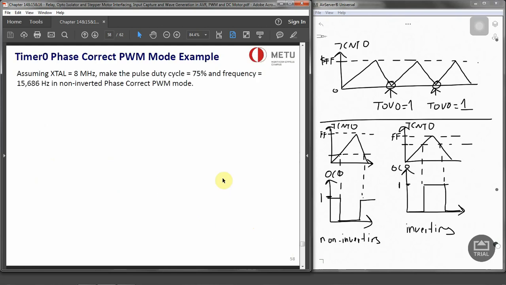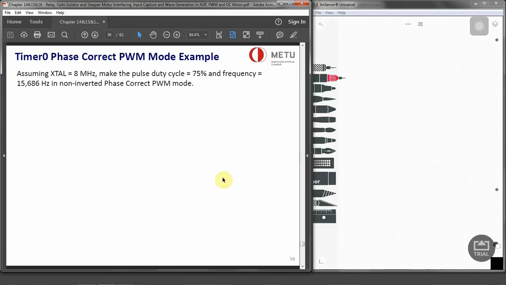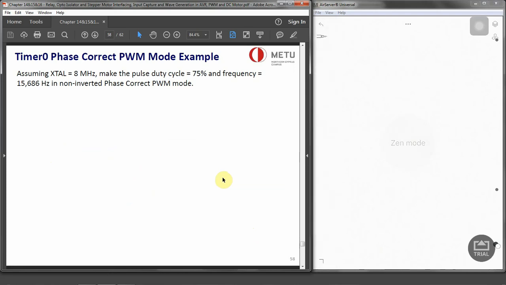Yet another example which is similar to what we have done for the fast PWM. Now 8 MHz, the duty cycle is 75% again. The frequency is different, which is 15.686 Hz.